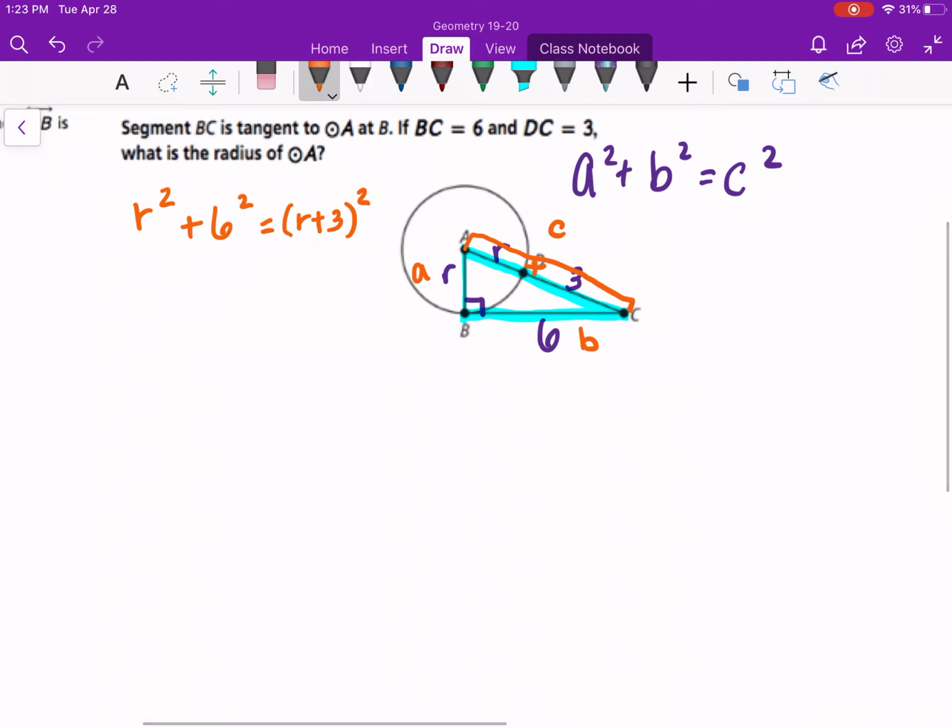So I'm going to leave the left side alone, except I'm going to go ahead and square 6. I'm going to get 36. And now, where I have R plus 3 squared, I know that anything squared is itself times itself, right? 2 squared is 2 times 2. 4 squared is 4 times 4. So R plus 3 squared is R plus 3 times R plus 3.